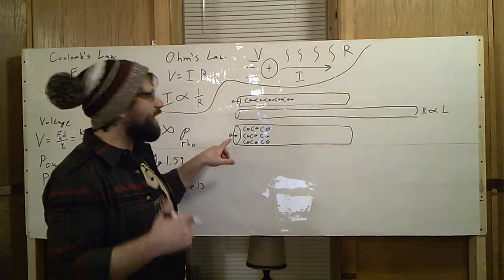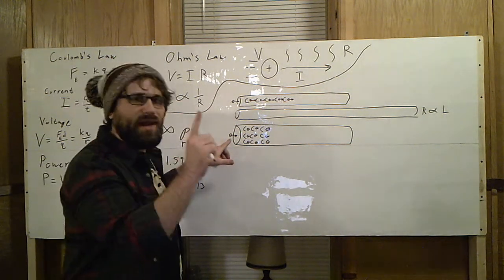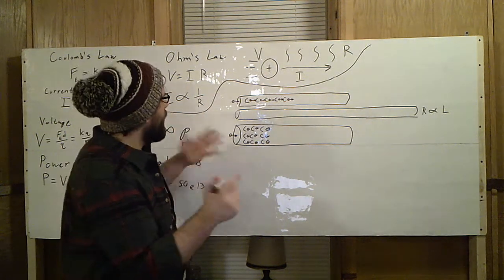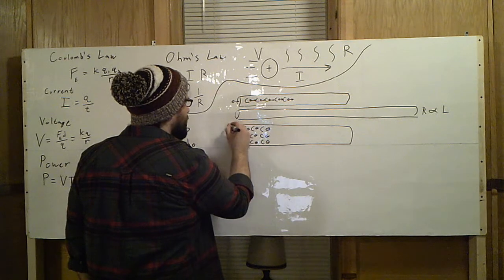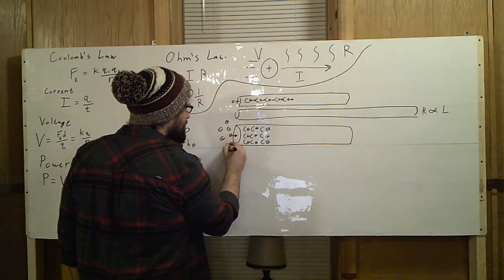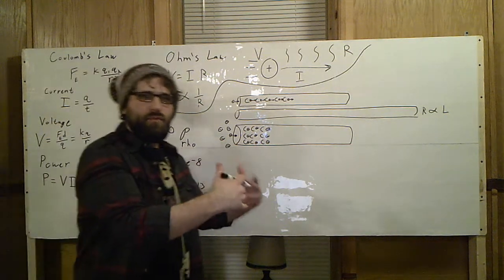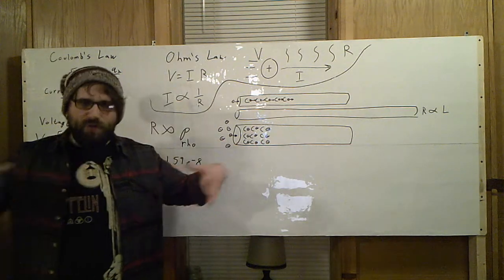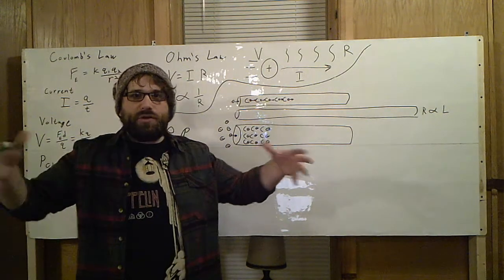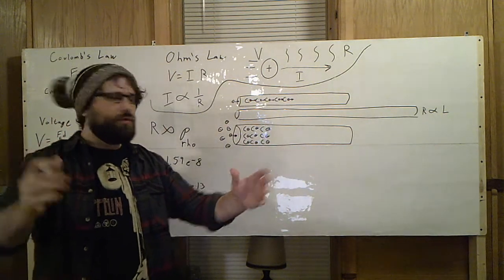Because remember, we're never going to be just looking at one little bit of charge. We're not going to be looking at just one electron. I would have a whole army of electrons sitting here trying to make their way through. It's less like a single electron moving and more like a crowd of people trying to rush into a Walmart on Black Friday. The bigger the doors, the more are going to get through.